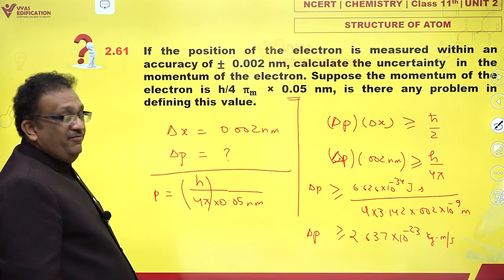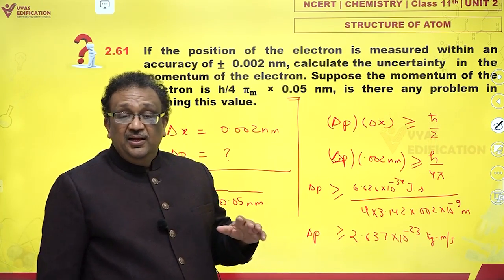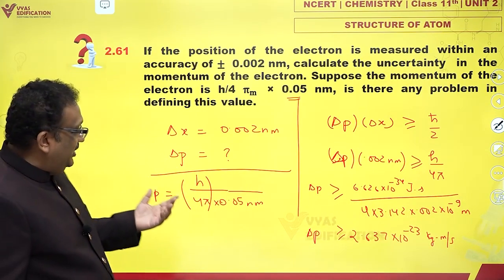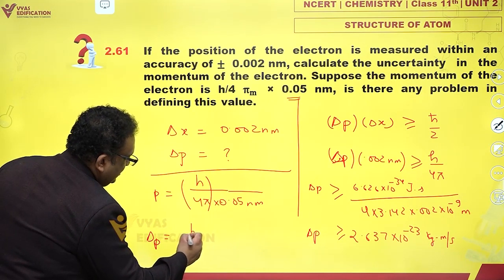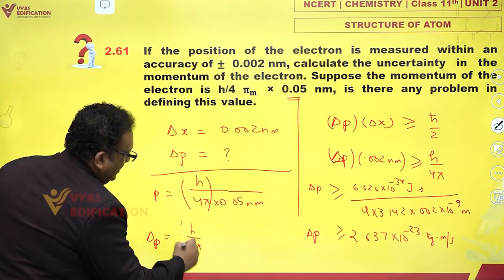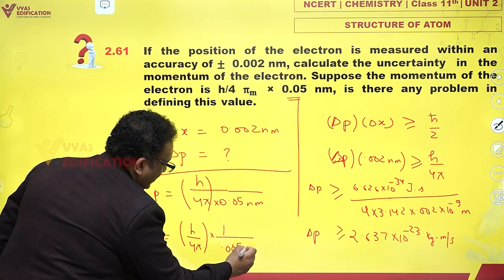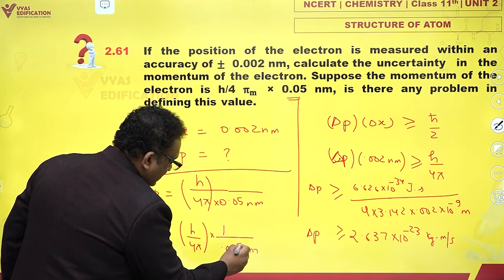Is there any problem in defining this value? They're asking. We have found the uncertainty in momentum. But what is the momentum? Momentum is so much. Delta P, we just found, is h by 4 pi into 1 upon 0.002 nanometer.